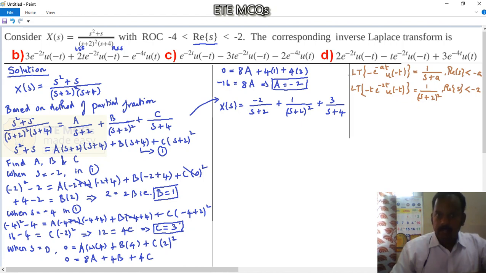Now the last term should be a right-sided sequence, because in the ROC we can see the region of convergence is on the right hand side of, or greater than, minus 4. So since it is greater than minus 4, this particular 1 by s plus 4 should be a right-sided sequence.